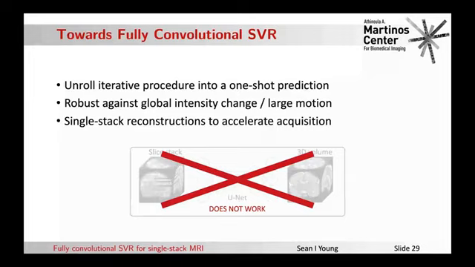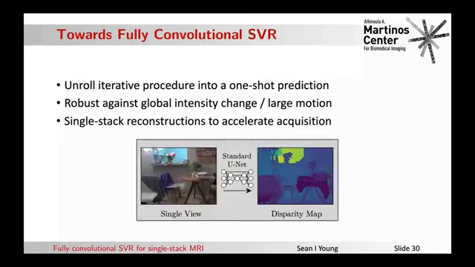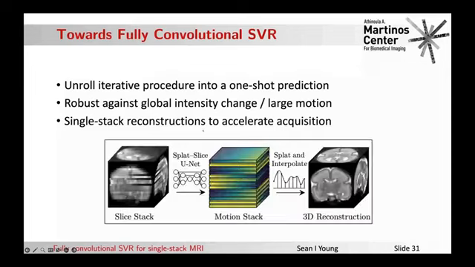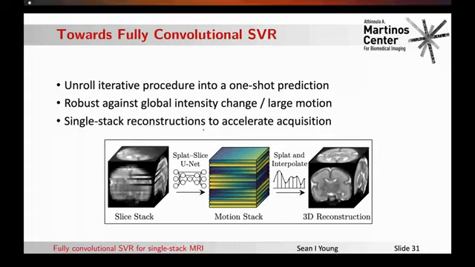So this doesn't work, and so, like I said at the beginning of this talk, we want to use something like a UNet to estimate the slice motion, and then use that to do the 3D reconstruction.